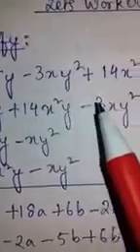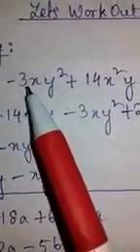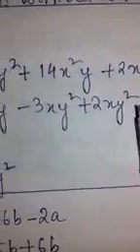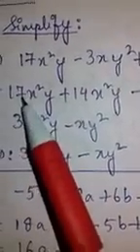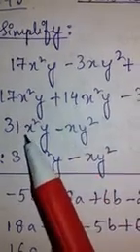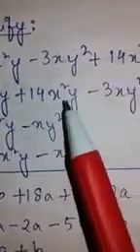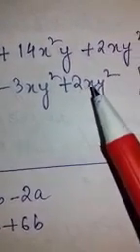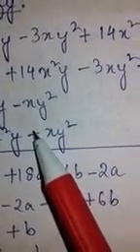So, writing all the like terms together, I have written the x square y terms together and the xy square terms together. Then I have got 17 plus 14, that is 31x square y, and minus 3x square y plus 2xy square, that is minus xy square.